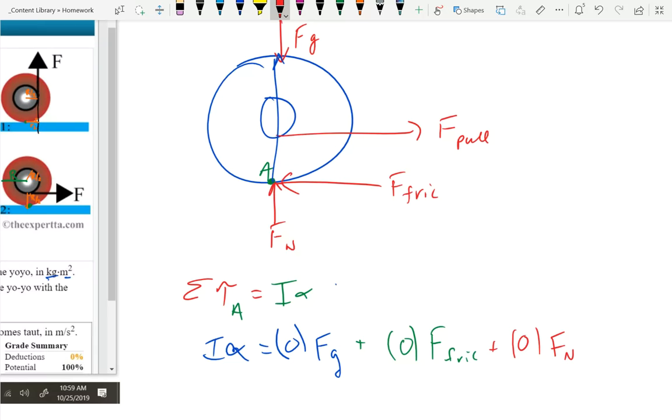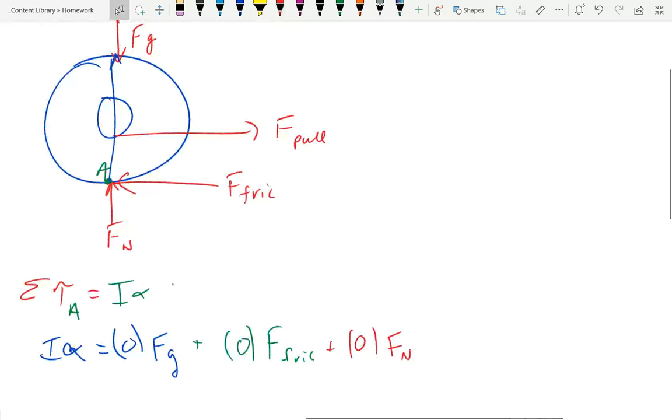And finally, Judith, there's only one force remaining. Which one is that? Okay, so we have the force pull. And what's the perpendicular distance from point A to force pull? It's not R. What is it, Jenna?